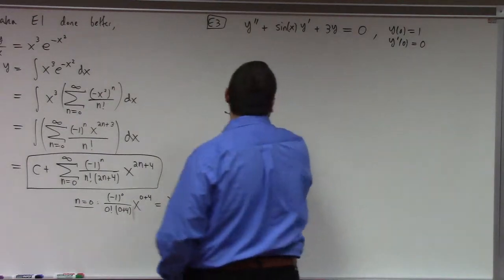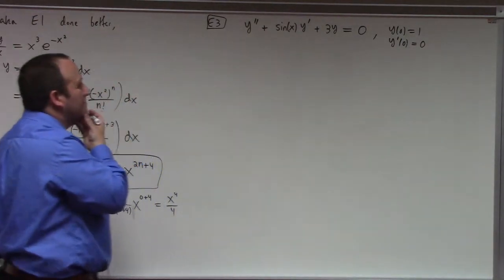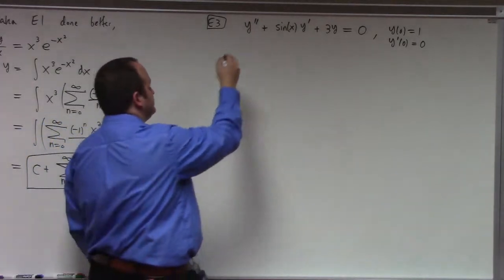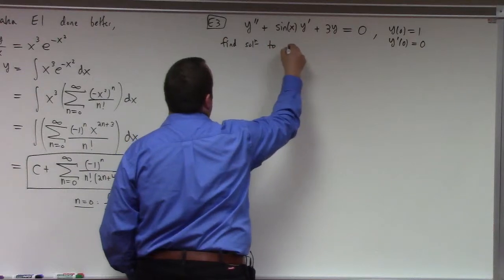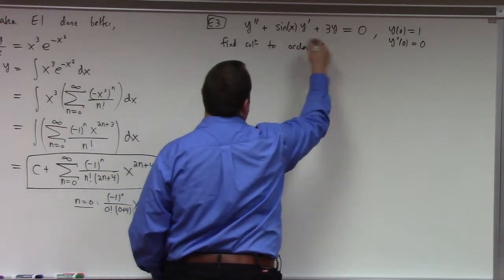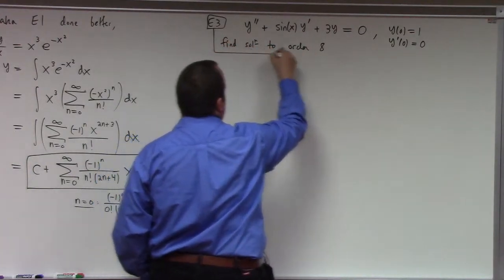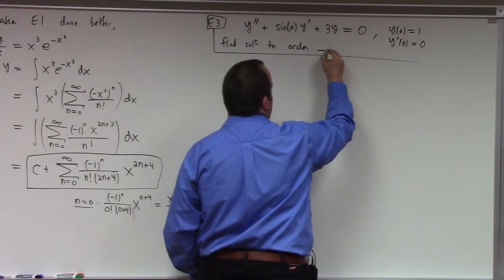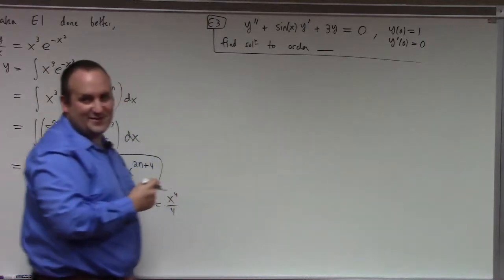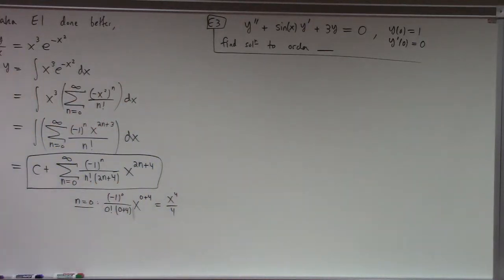Right. Let's find the solution to order 8. Oh, I may regret that. I'm gonna fill in a blank here, and we'll decide what order we want to work it out to after we do a little bit here. How about that? Okay.